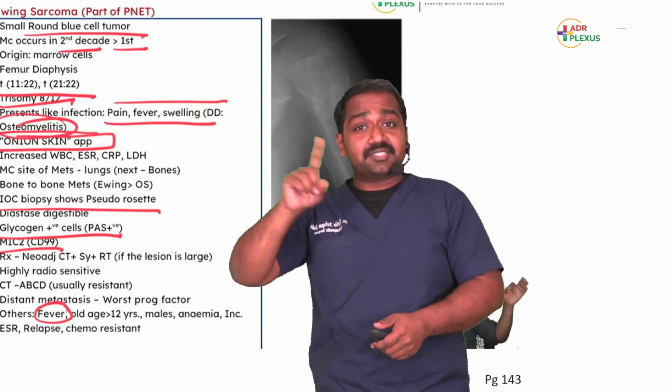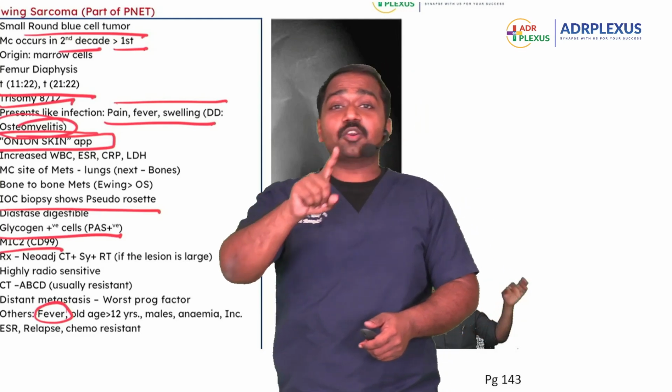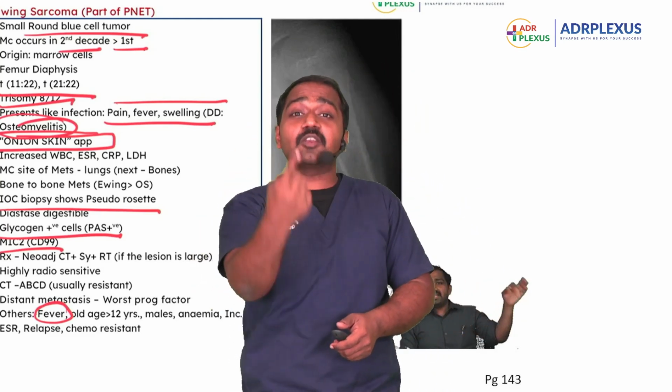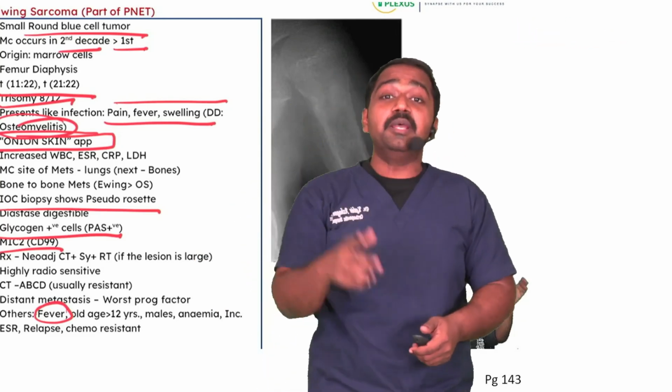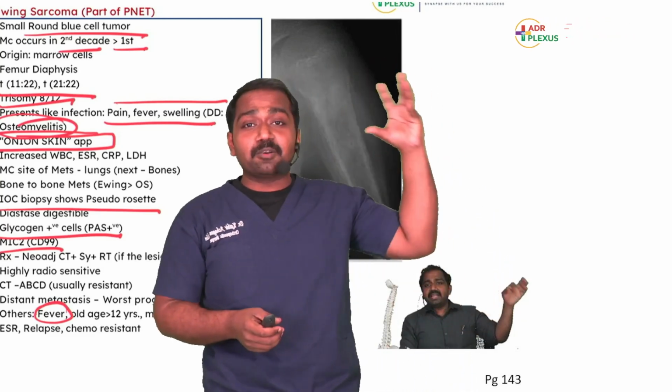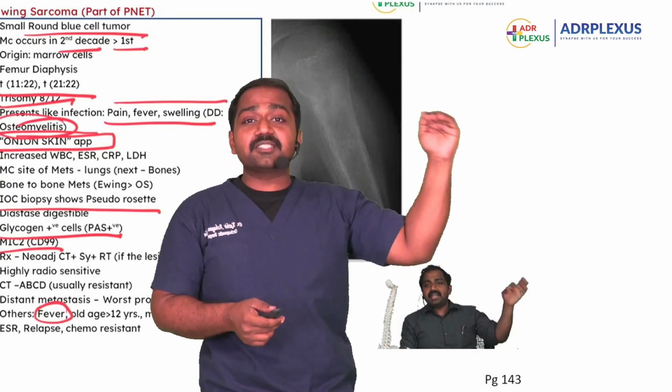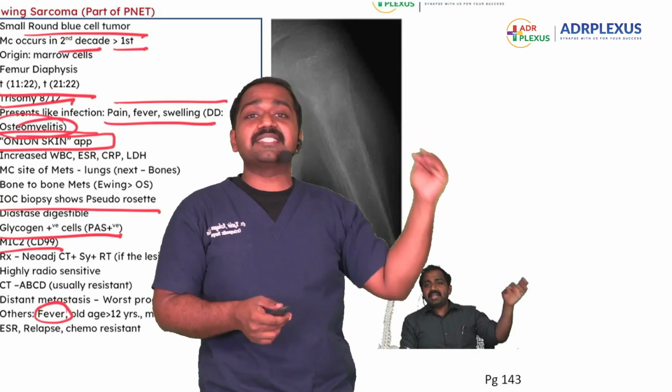But it most commonly happens in the second decade rather than the first decade. Do you remember this distinction I was making? Although Ewing sarcoma is the most common tumor of the first decade, it most commonly happens in the second decade. But in the second decade, there is a very powerful competitor, which is osteosarcoma. That is the reason why the incidence of Ewing sarcoma looks to be less in the second decade.